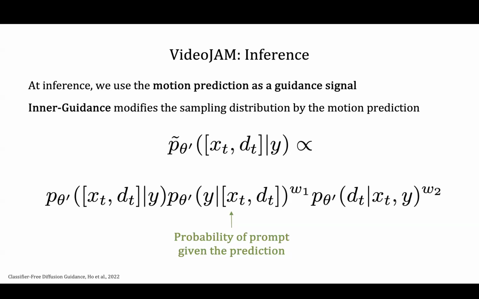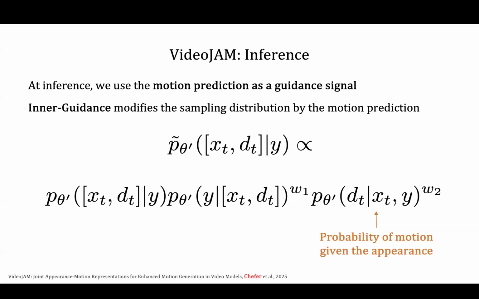Now, classifier-free guidance is something that we always do in every diffusion model, so this is not new. The new part is this term here, which aims to maximize the probability of the motion representation, DT, based on the video representation and the text. Now notice that this DT is predicted by the model. So it's a noisy motion representation. Unlike this term here and this term here, now the model kind of guides itself.